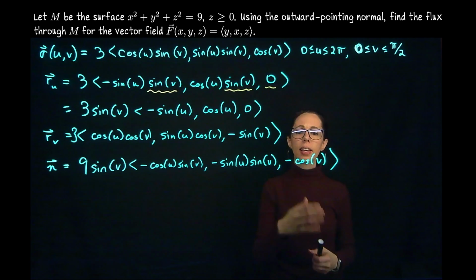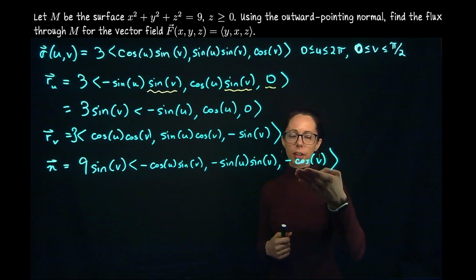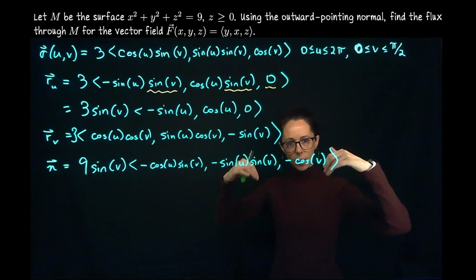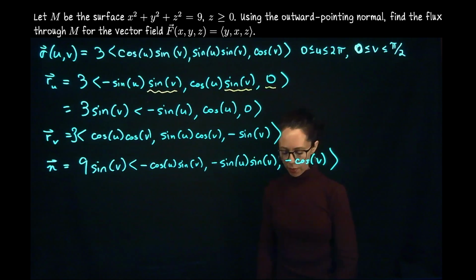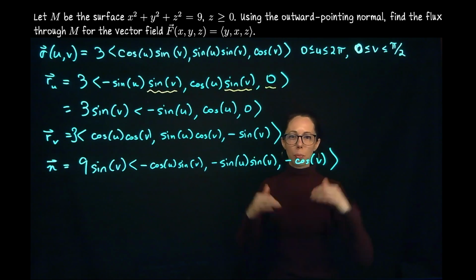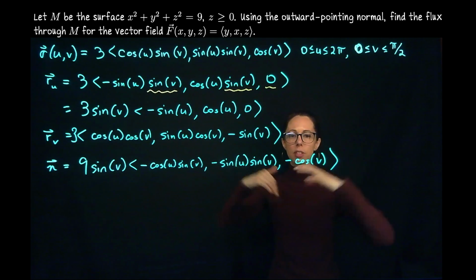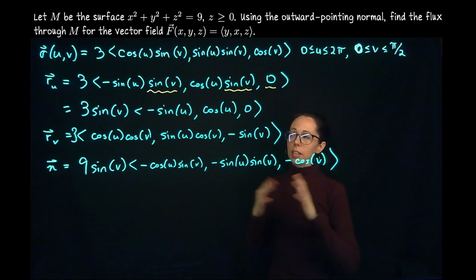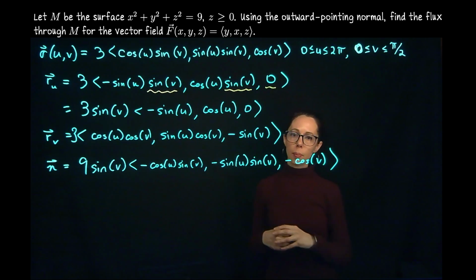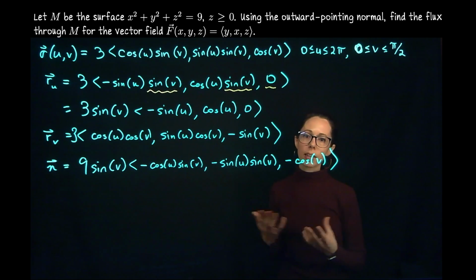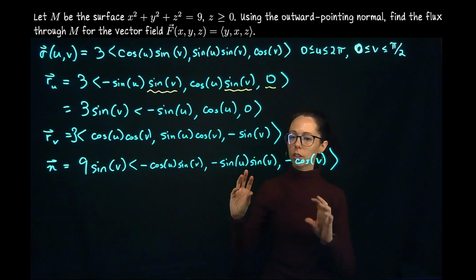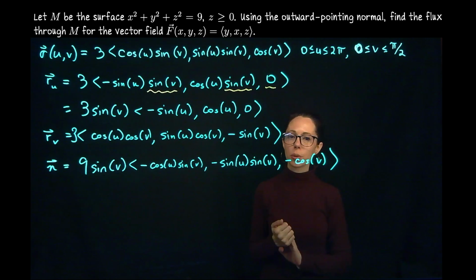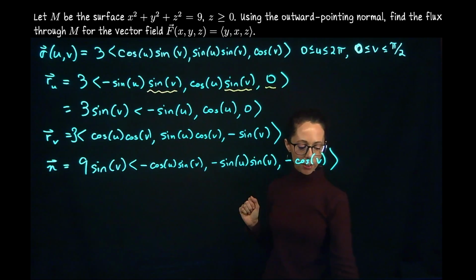By negating it, that makes the third component of this vector field negative, which means the z direction would point down. So these vectors, sorry, dropped my marker, these vectors are pointing down kind of into the sphere. That's fine. That just means that when we set up our computation, we need to drop a negative sign in front because we are looking at the reverse orientation here. So all you need to do is pick up a negative in front of your eventual computation. Okay, that's the first observation I wanted to make.